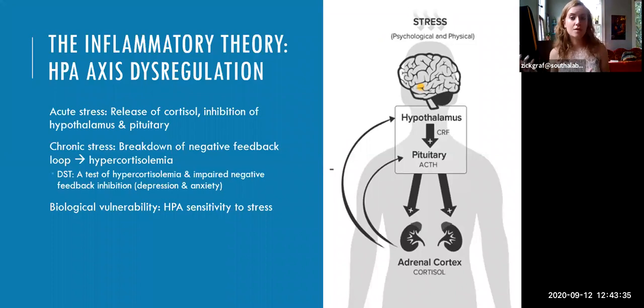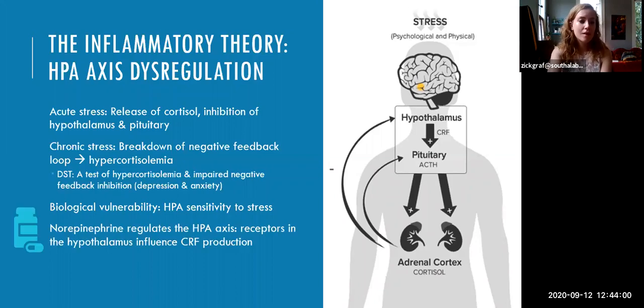But what it also means for depression is that it might take less intense or less prolonged environmental stress to cause a breakdown in the negative inhibitory feedback system. So if your HPA axis is constantly being activated and you're someone who doesn't require as much stress to activate it, you might experience hypercortisolemia sooner than someone whose HPA axis is less responsive to stress.